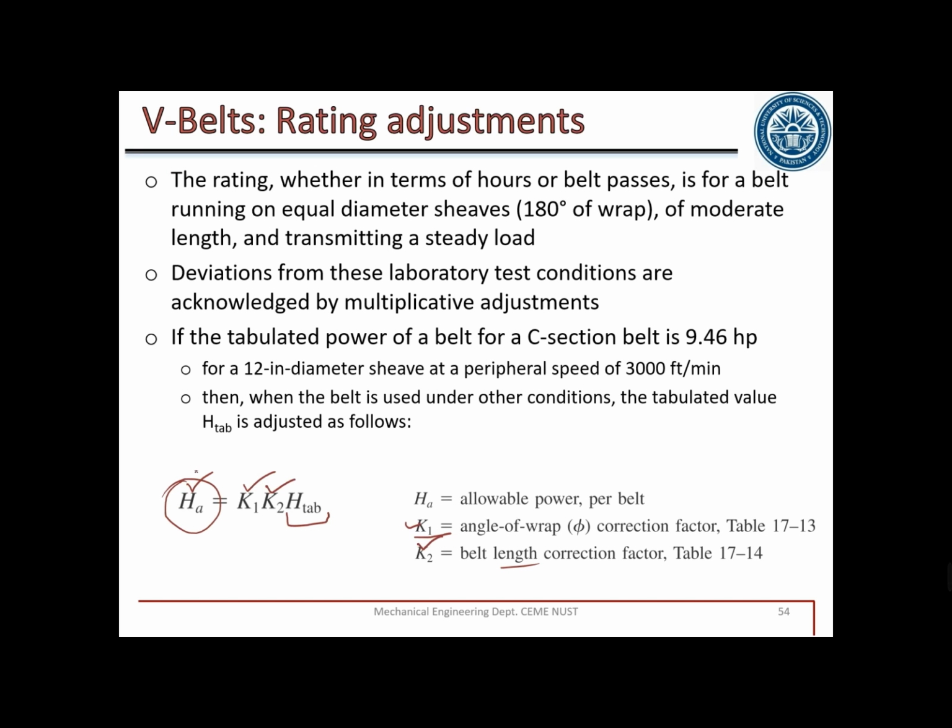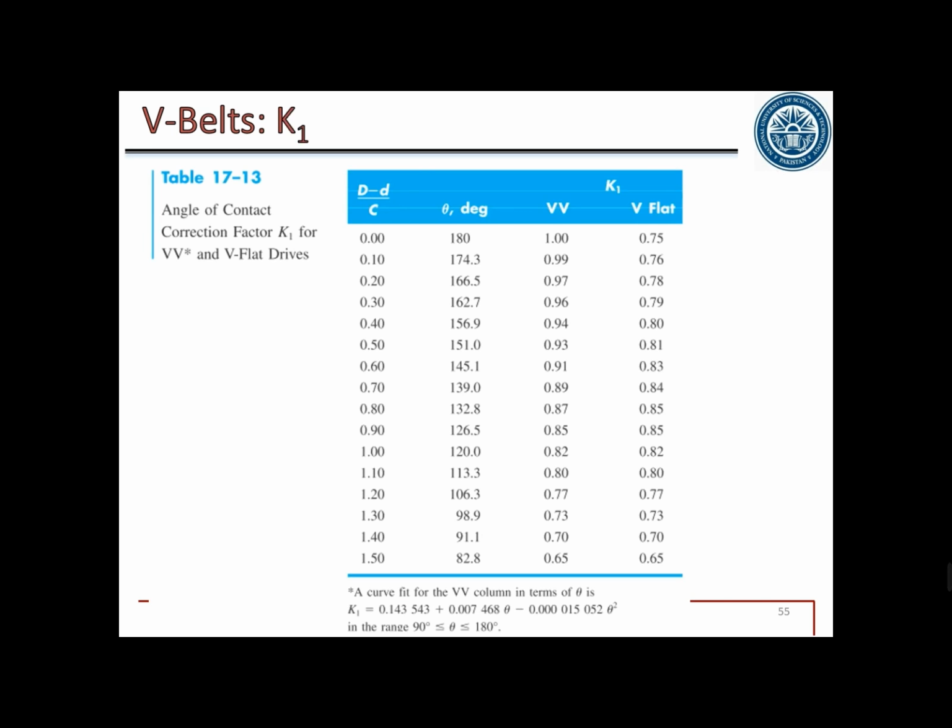Now, let's say you have an allowable power of one single belt equal to 4 horsepower, but you want to transfer 10 horsepower. So you can use multiple belts. For example, 10 horsepower divided by 4 horsepower per belt will give you 2.5 belts, or you can use 3 belts. For that, we have to use another factor.